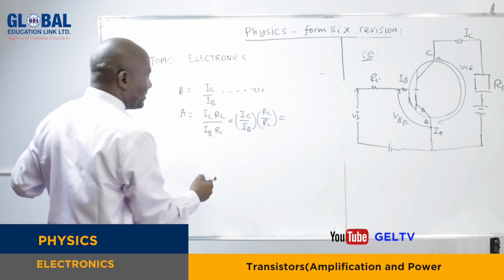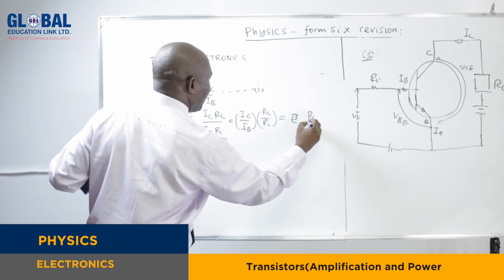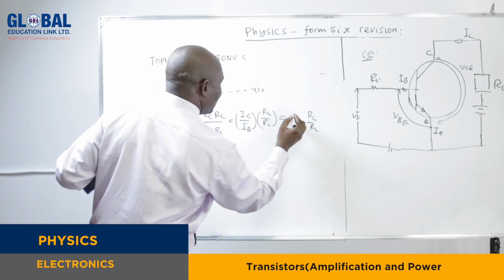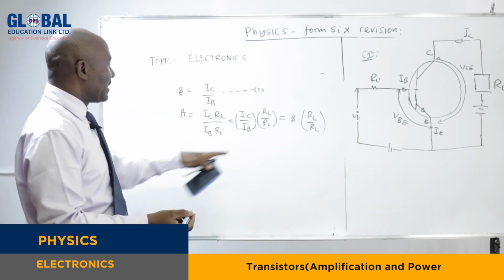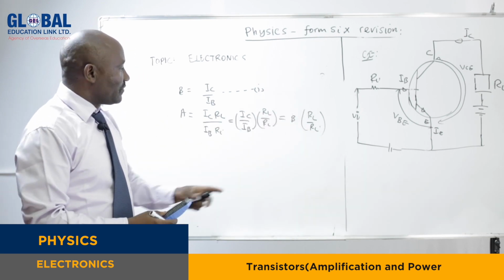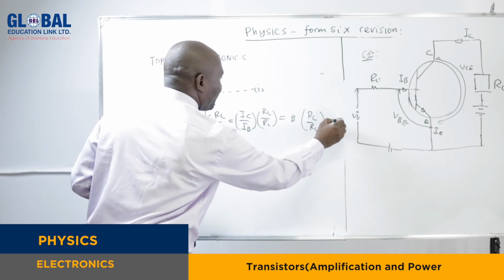The arrangement gives us the current gain, beta, times RL over RI. So the voltage gain is given by the current gain times the ratio of the load resistance to the input resistance. Take this as number 2.